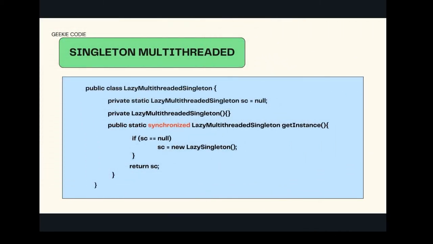The implementations that we have discussed so far have drawbacks in a multi-threaded environment. If there are multiple threads, for instance two threads working in the application in parallel, and both threads call the getInstance method at the same time, it's possible that they will end up with two object instances, because the condition checking whether the object instance is null can be true for both threads, and both will create different objects.